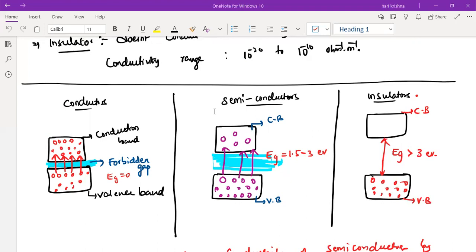Because the gap between these two bands is very, very large. So the electrons will not jump from valency band to conduction band. That is the main reason for showing this property in the case of insulator. The conductivity is very, very small in the case of insulator.